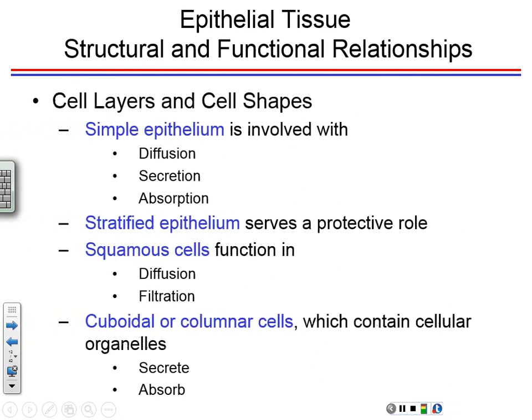And these are just the functions associated with the shape of the cells or the number of cell layers. And we've kind of been talking about it when we were giving the examples of all the systems where these are located. Of course, simple is diffusion, filtration, secretion and absorption.